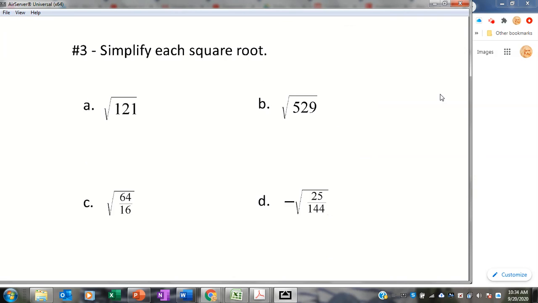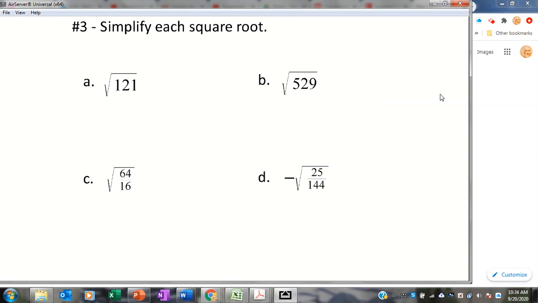So what do we need this for? Well, here is something that we can use to reduce square roots. And so looking at part A, you can see that that says to find the square root of 121.